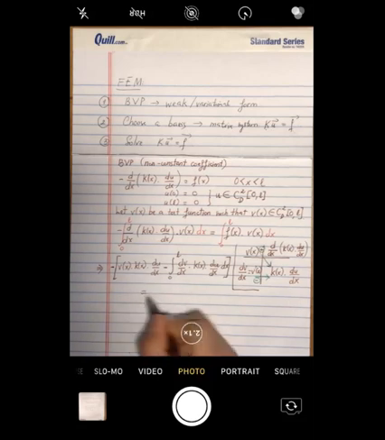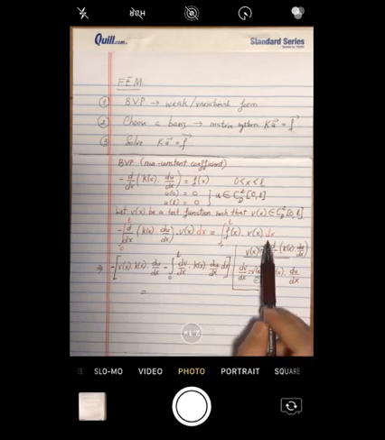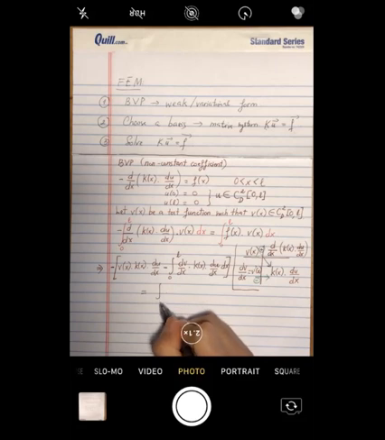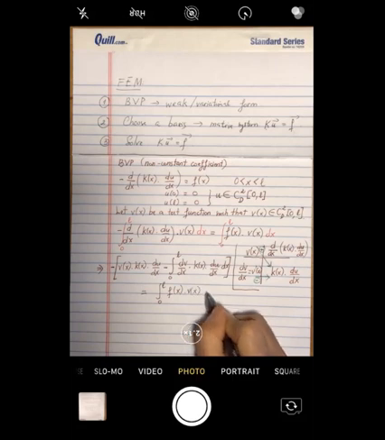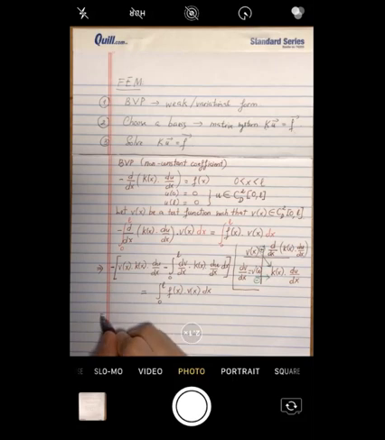Now on the right side, you cannot really do anything with this integral, so let's just leave it as it is. Now let's take a look at what we just wrote here.